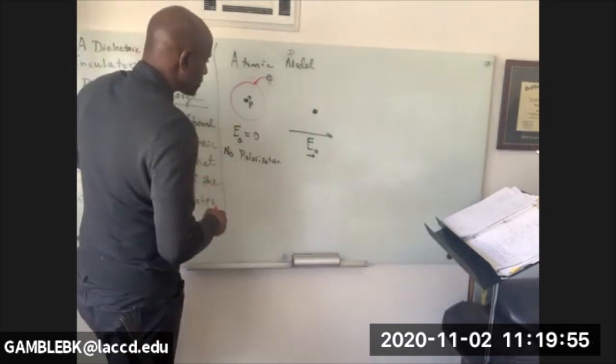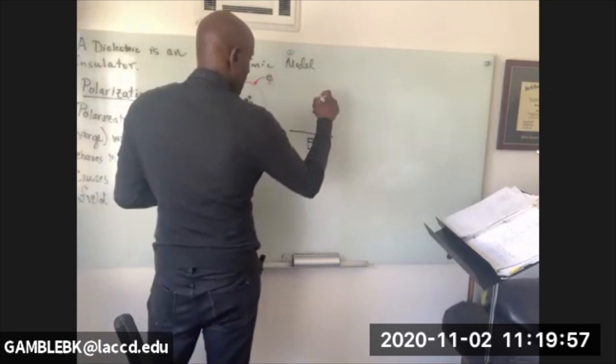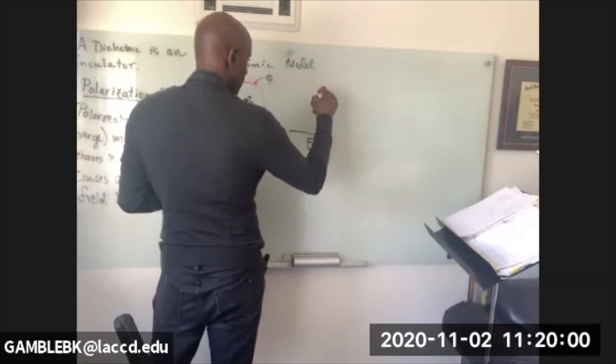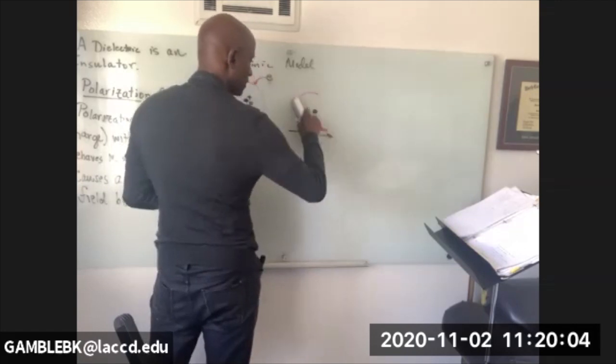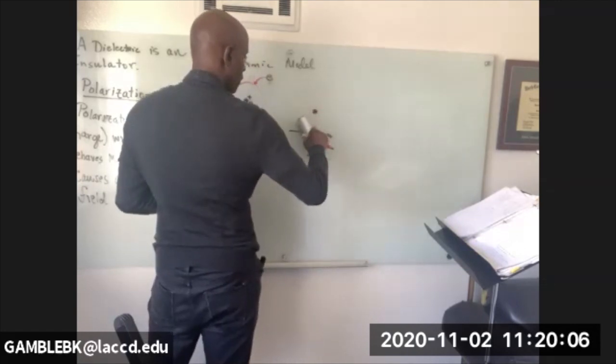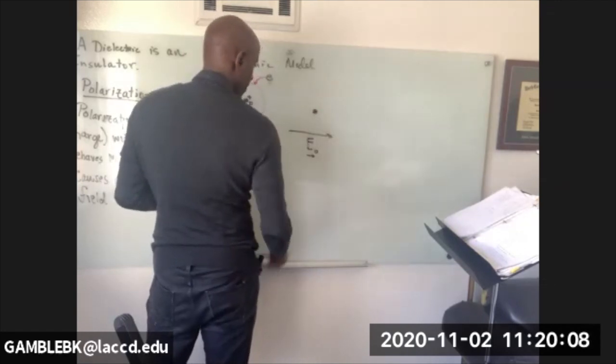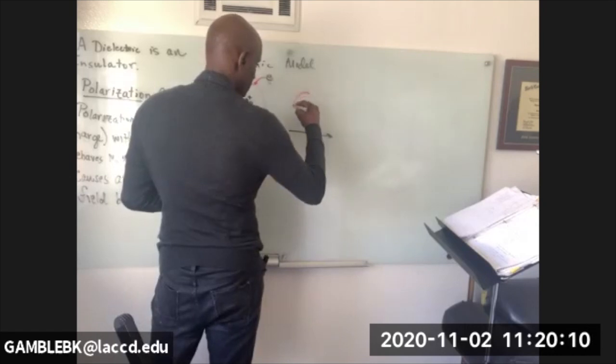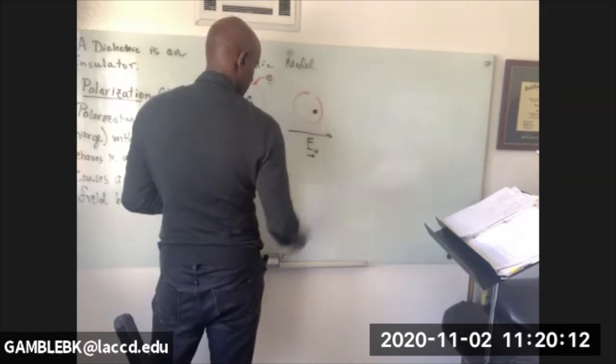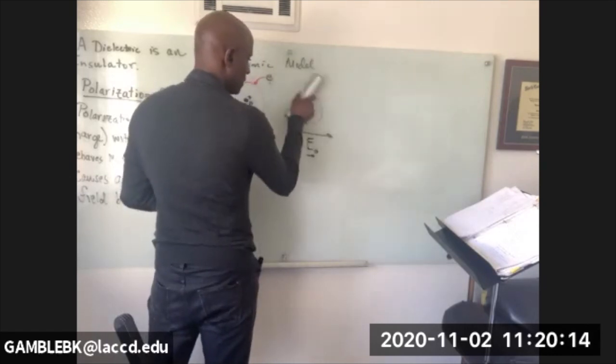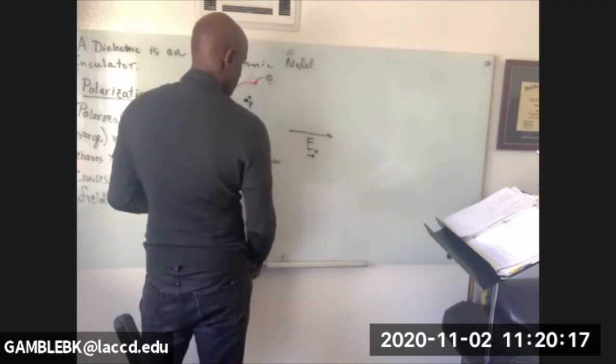But if it did, maybe it looks a little bit something like this now, where the symmetry is kind of broken, that it's shifted over a bit, something like this. Let me draw the thing first.